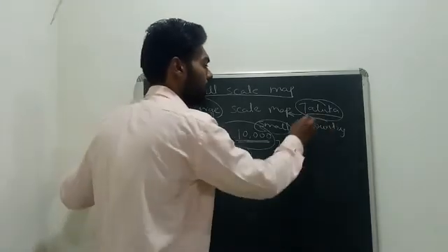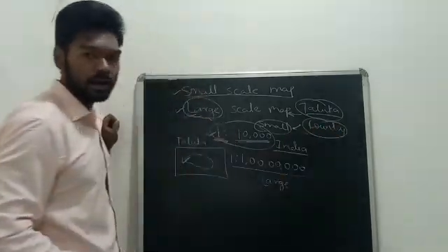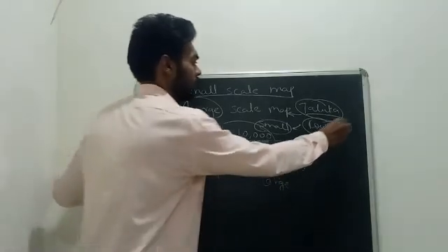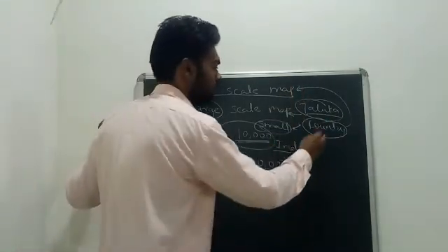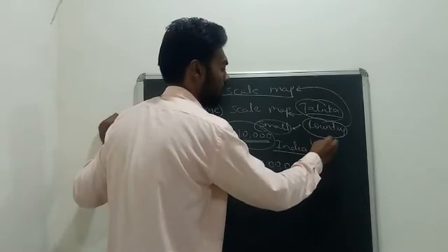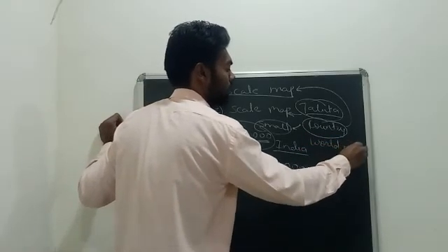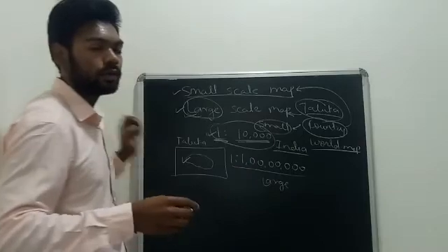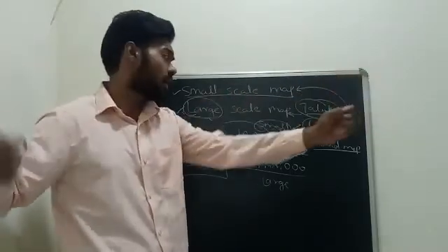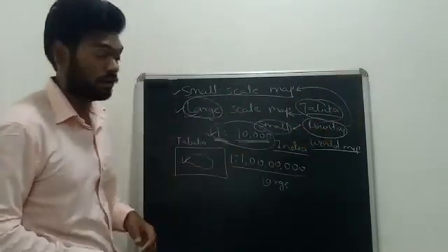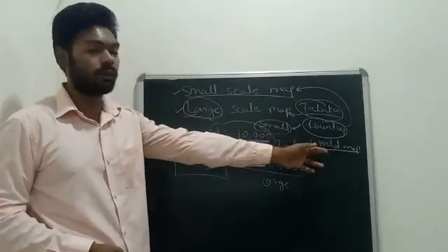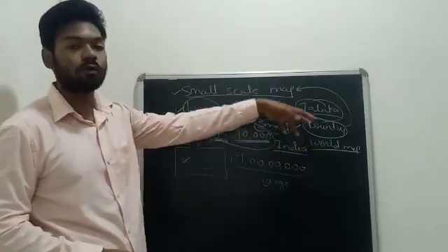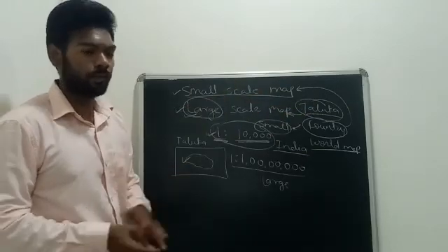And if we show the map of an entire country, it is called a small scale map. Now, as compared to a country's map, a world map will again be small scale, because we are showing a very huge area on this particular map. So this one will be small, and this one will be large.